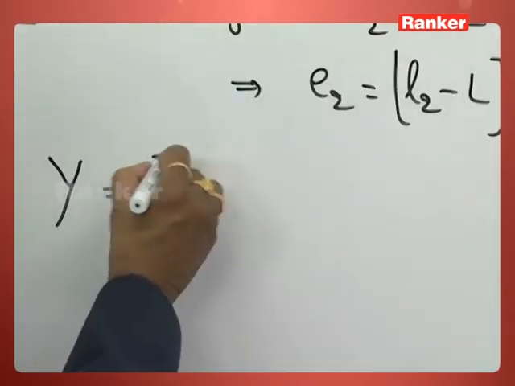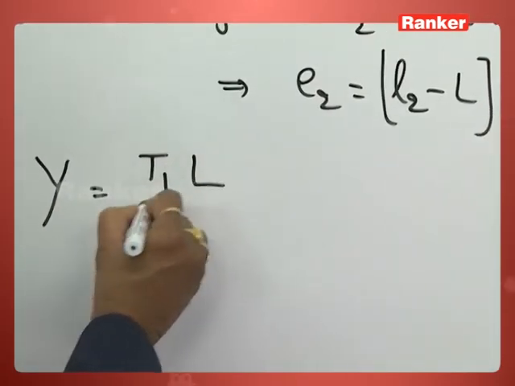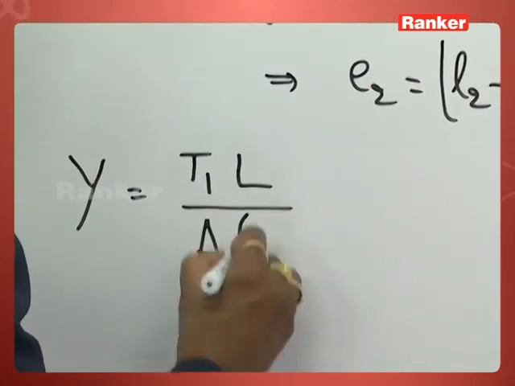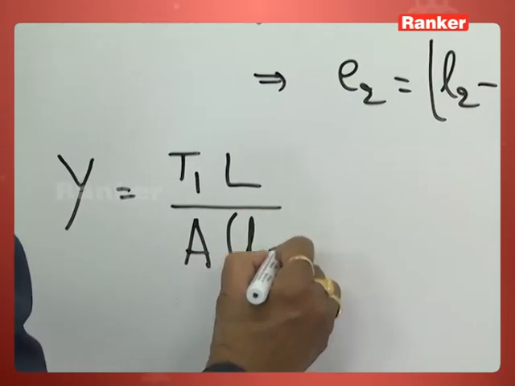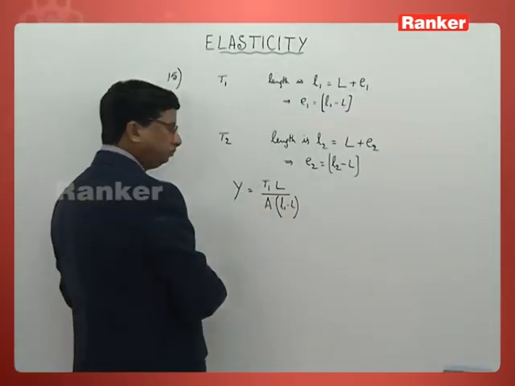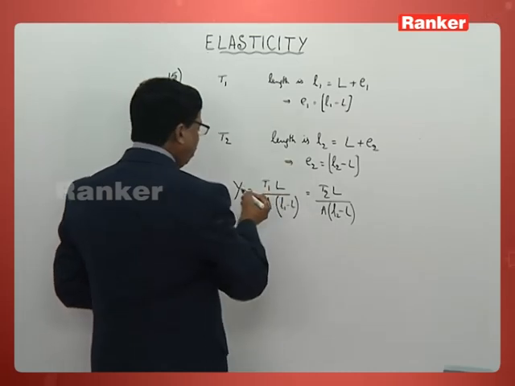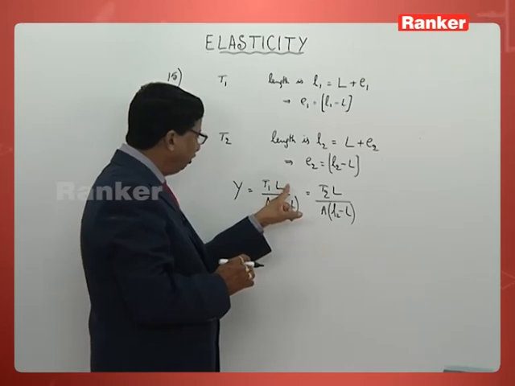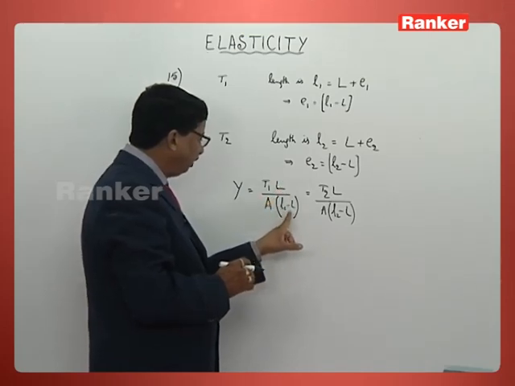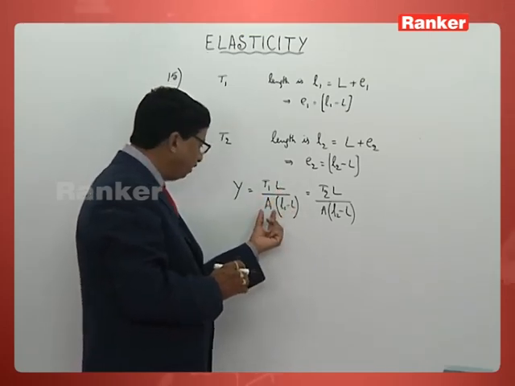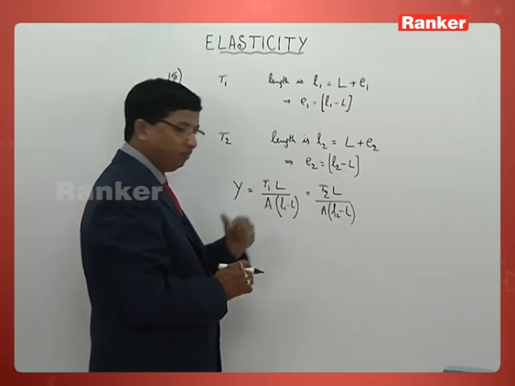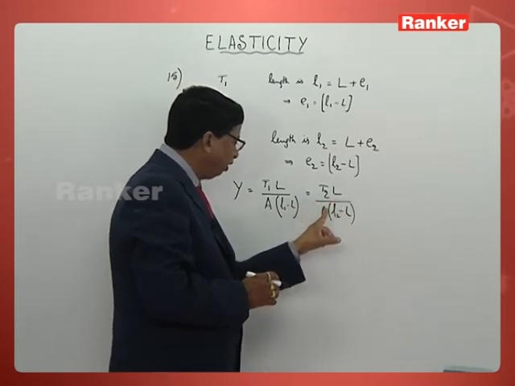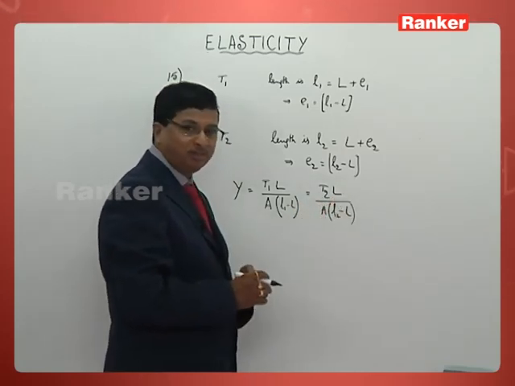Now F is T1, into L by A, the area of cross section, into E1. What is E1 here? L1 minus L. So Young's modulus for the first pair is T1 into L by A into L1 minus L. And for the second pair of values, T2 into L by A into L2 minus L.